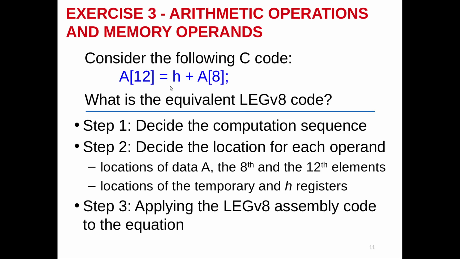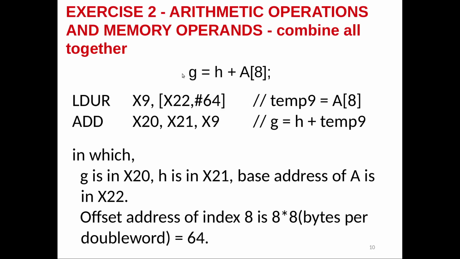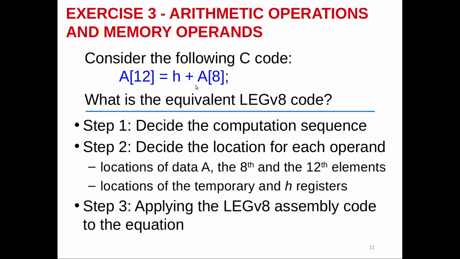If we look into this and compare it with the one in exercise 2, we can see that instead of G, which can be considered as a register in this equation, we will replace it by A[12], the 12th element in data A stored in memory. So we will follow the same 3 steps as exercise 2 to solve this problem.